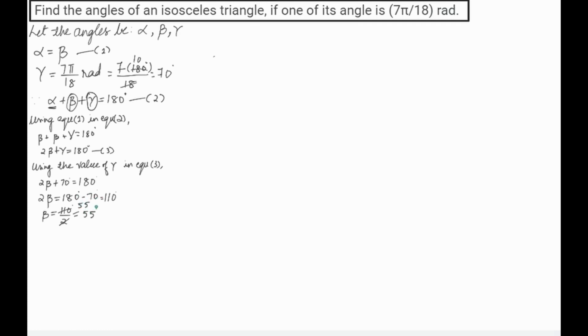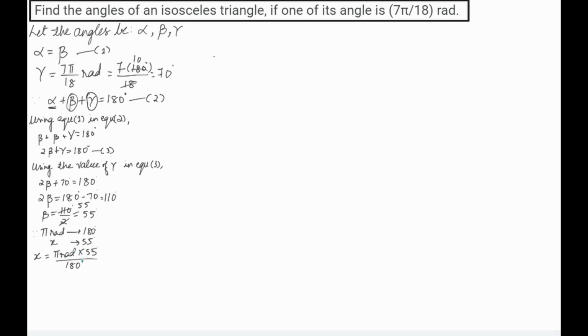In terms of radians, we know that pi radians is equal to 180 degrees. So how much is 55 degrees in radians? Let this be x. When we cross multiply this, we get pi radians into 55 degrees divided by 180 degrees.